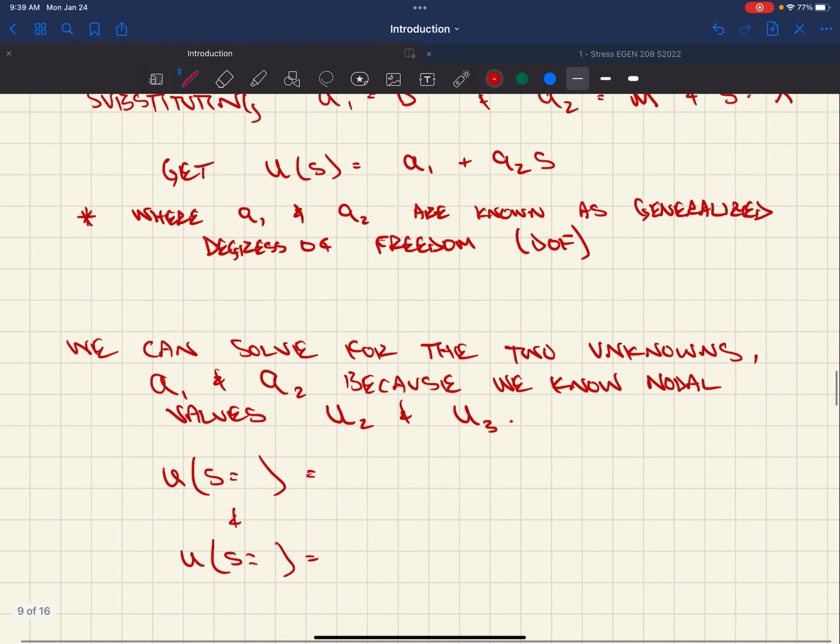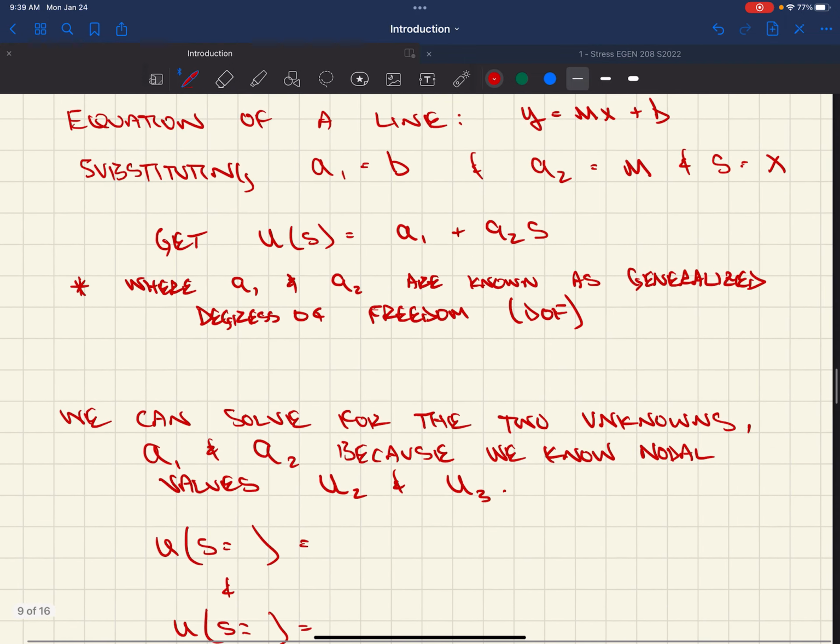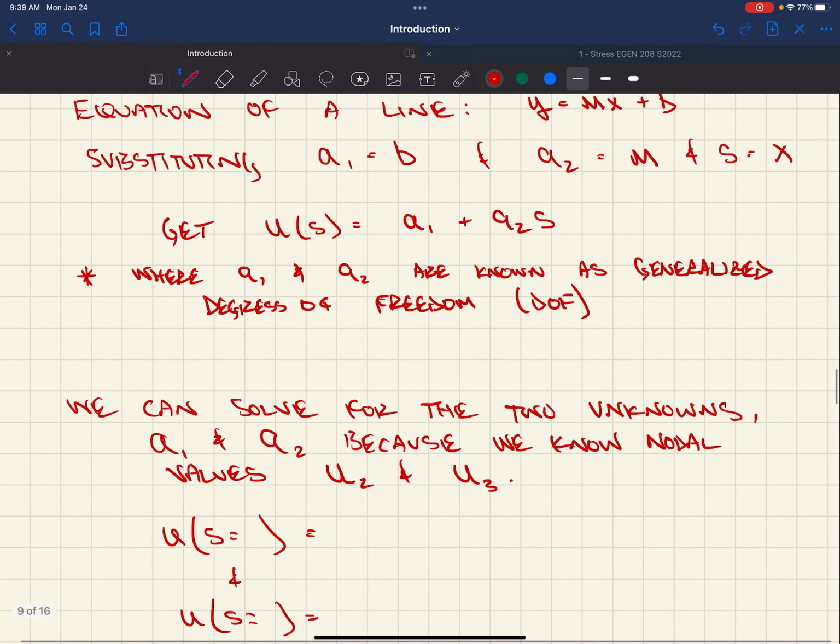All right. So based on that equation, we have an equation that has 2 unknowns, this generalized A1 and A2. Based on that, we can solve for A1 and A2 using boundary conditions. We know the values of A1 and A2 from knowing the value of displacement at 2 locations.